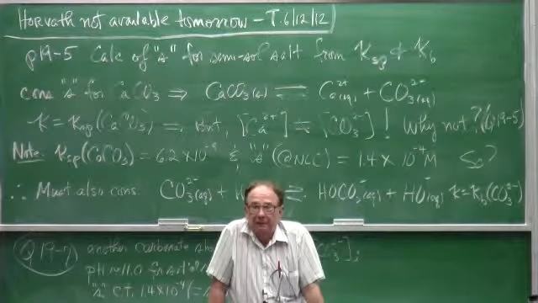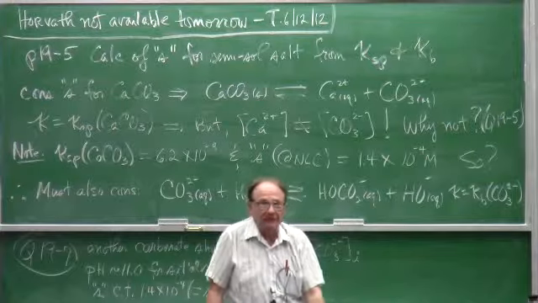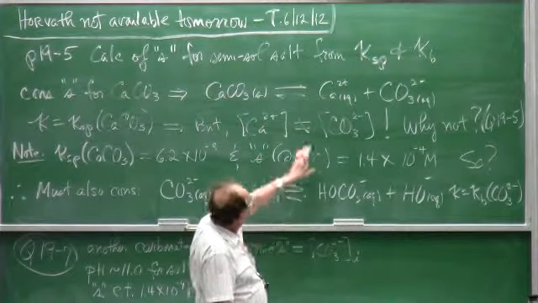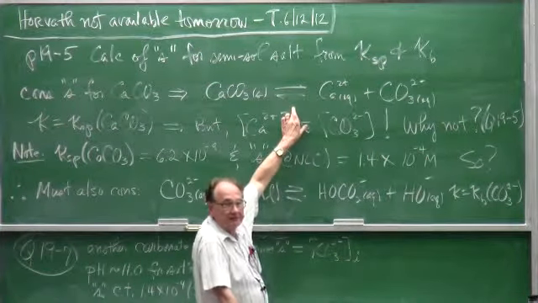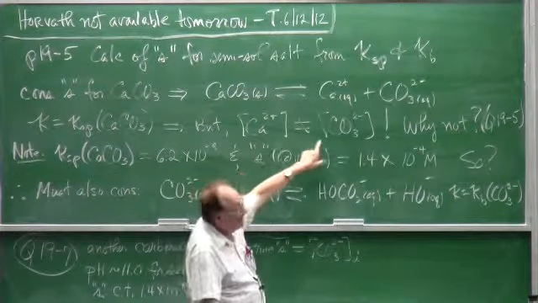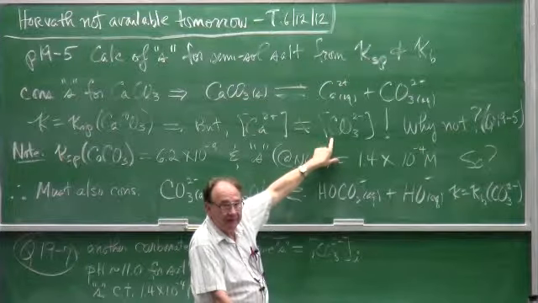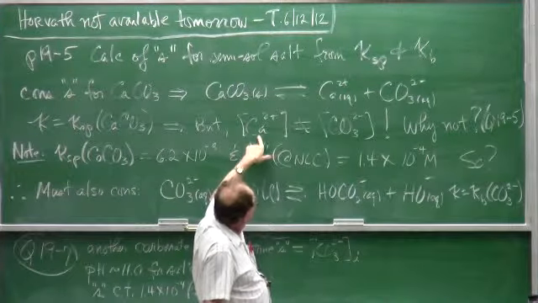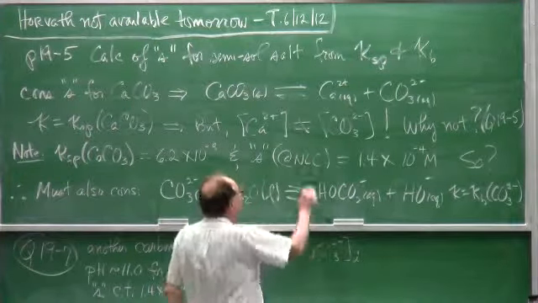But the difficulty of the calculation lies in the fact that after this dissociation equilibrium is established, the calcium ion molarity and carbonate ion molarity found at equilibrium are not equal. This concentration is bigger than this concentration, a good deal bigger.